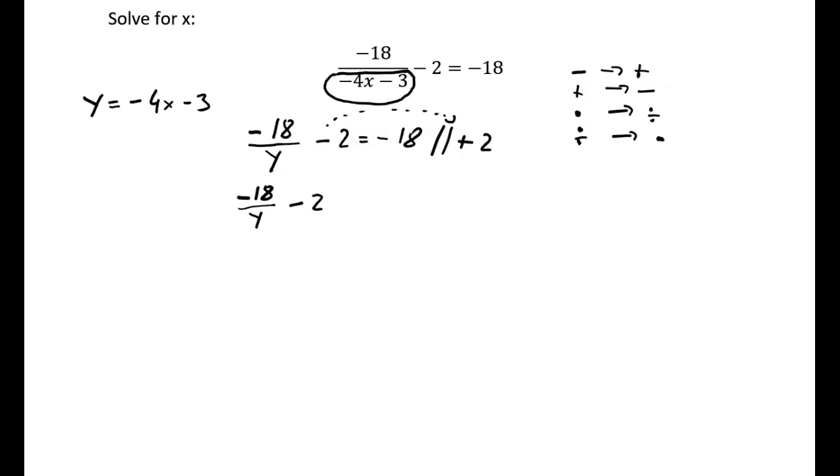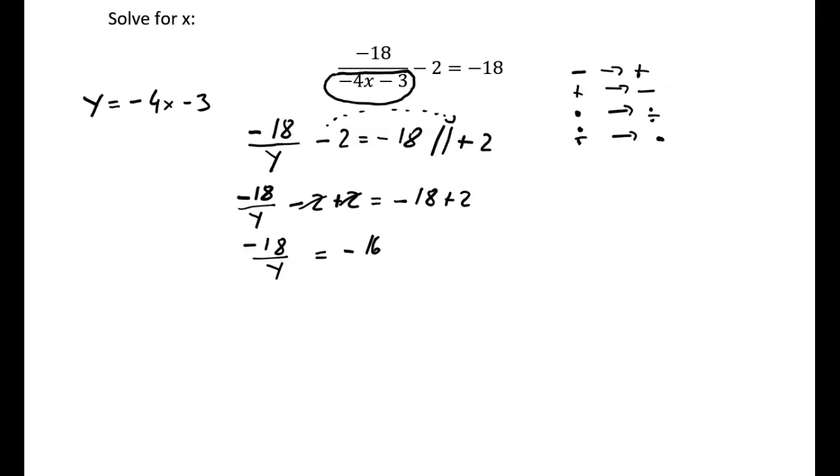So we have negative 2 plus 2 equals, and we need to do to the right hand side what we have done to the left hand side, so plus 2. We see that these 2's cancel out. So on the left hand side we've got negative 18 over y equals negative 18 plus 2, and that gives us negative 16.